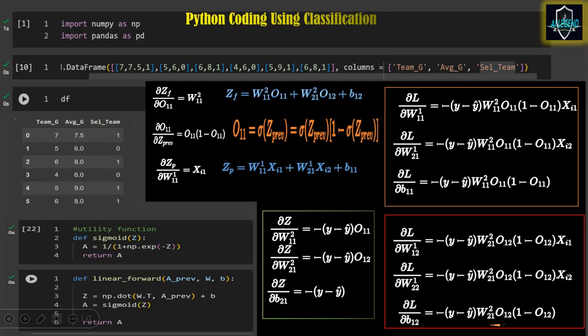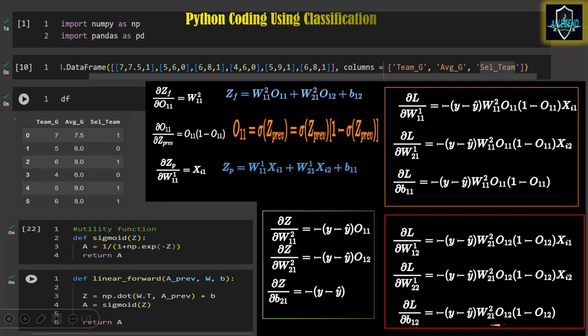Then for the second one, how it forms: ZF is equal to W211 O11 plus W221 O12 plus B12. If we take the partial derivative with respect to O11, we check where O11 is present, and the rest will become 0. So the result is del ZF over del O11 is equal to W211.